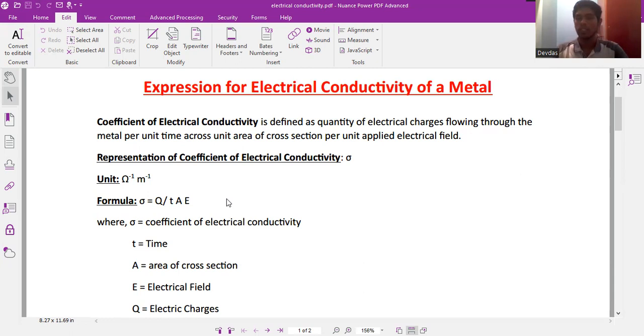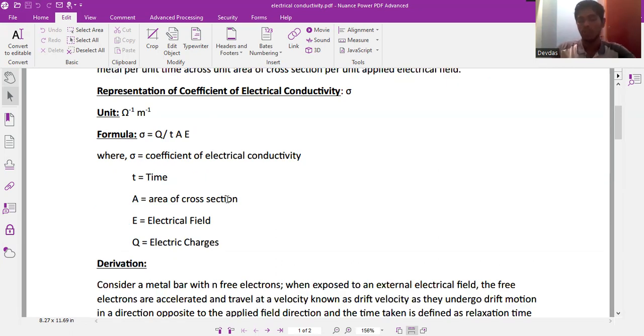So electrical conductivity is the amount of charge per unit area, per unit cross section, on the applied electric field per unit time. That is the quantity of electrical charge flown through the metal per unit time across unit area of cross section per unit applied electric field. Its unit is ohm inverse meter inverse, or 1 by ohm meter.